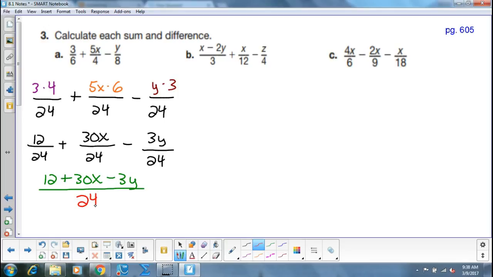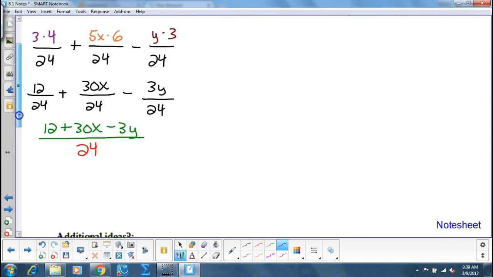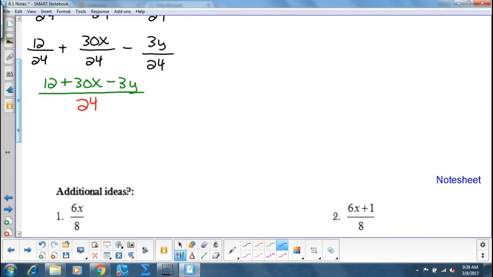Factor a 3 out of the top, right? Oh, what's this? So if I factor a 3 out of the top, that leaves me with 4 plus 10x minus y all over 24.